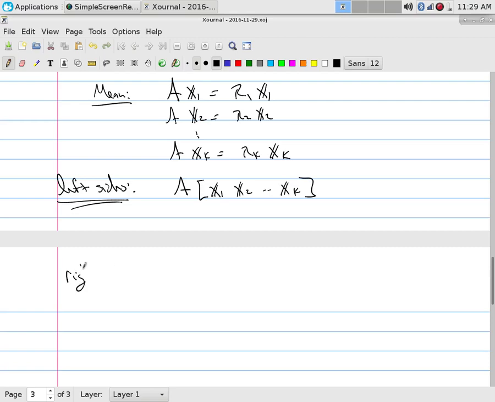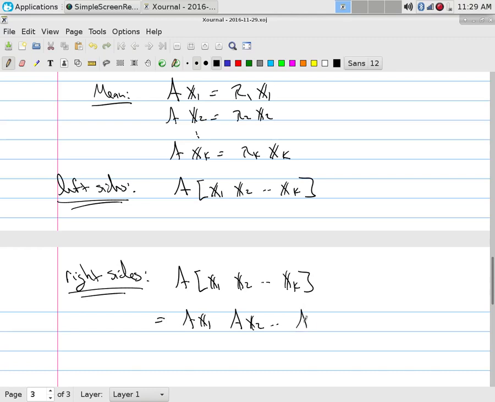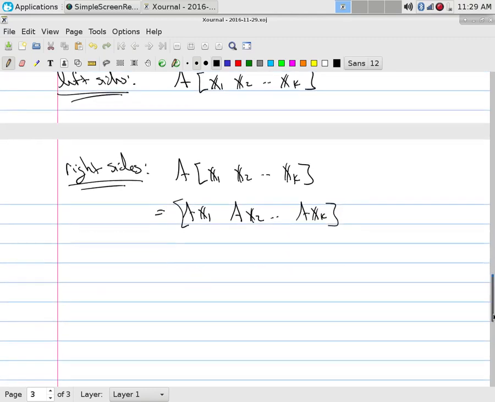On the other hand, the right sides can also be collected. The right-hand sides, if I look at this, if I have A times x1, x2, up to xk, and I go ahead and distribute it, that's Ax1, that's Ax2, up to Axk, but I know what each of these are.